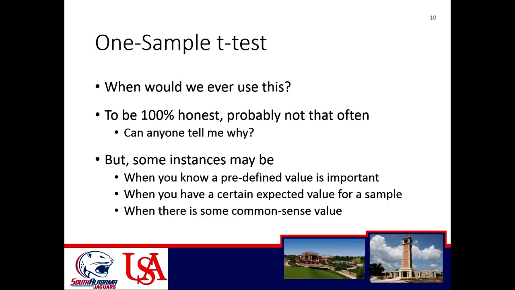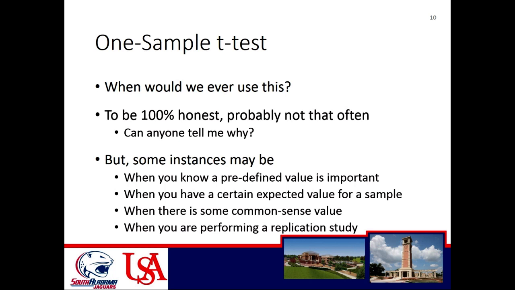Also, in some very rare instances, there's some common sense value. Sometimes just working in a certain industry, you know that certain numbers and certain values are important. So you might want to make sure that the sample you collected is somewhat close to that important value. And then also in research, it could be important when you're performing a replication study. A replication study in research is when you're trying to reproduce old results, what someone else found.